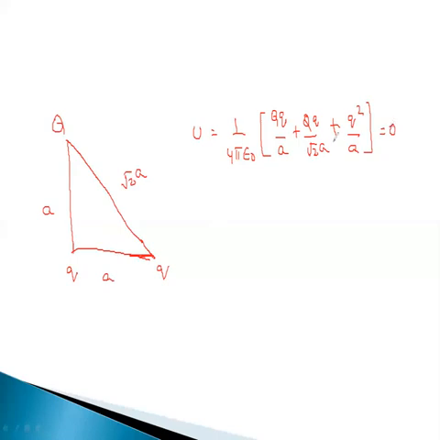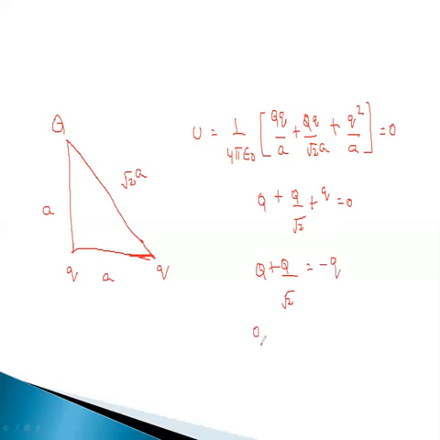That means all the factors which are common here, you can bring out and they will go into the zero value only. So finally you will have here capital Q plus capital Q by root 2 plus small q. This is equal to 0. Then you have to find capital Q value now. So capital Q plus capital Q by root 2 equals minus small q.